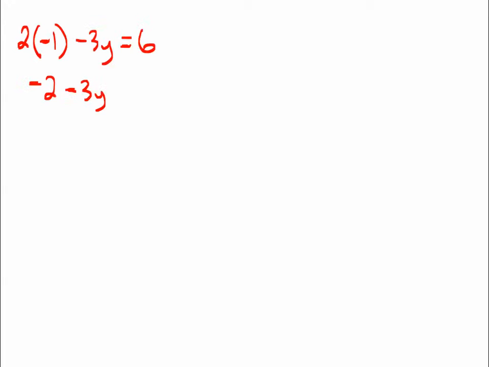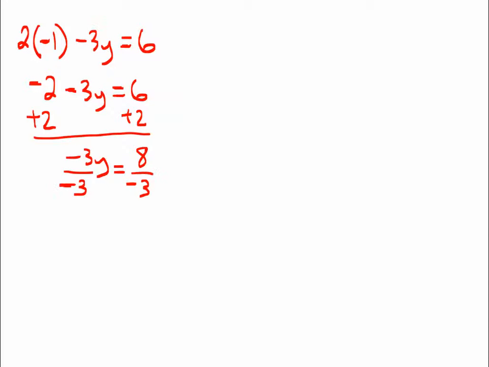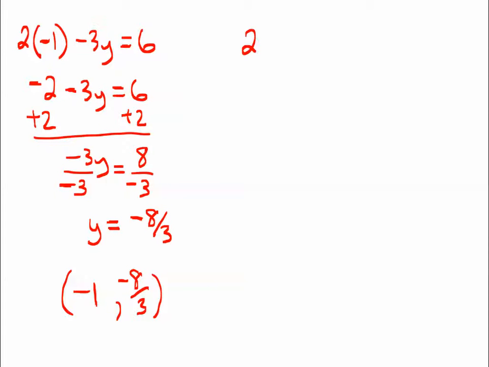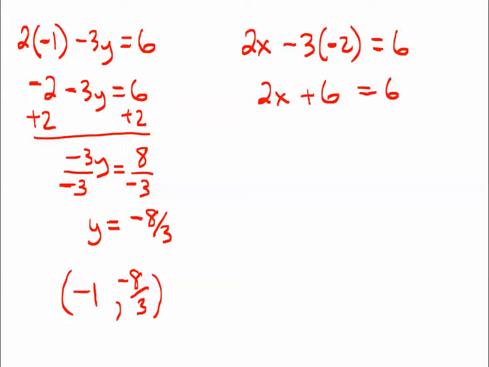All right, and then plug in -1 for the x, or plug in -2 for the y. Let me just give you the answers here, see if you guys agree. For this one, I got -8/3. So it'd be -1, comma -8/3. For the next one, slightly tricky thing here. -3 times -2 is a +6. So whenever you take the 6 to the other side, you subtract 6 from both sides, and you get yourself a 0.